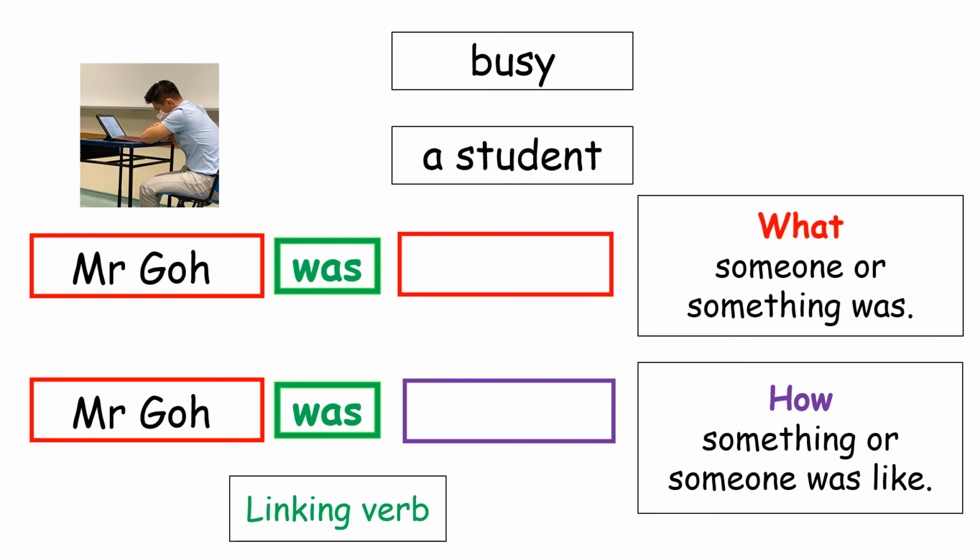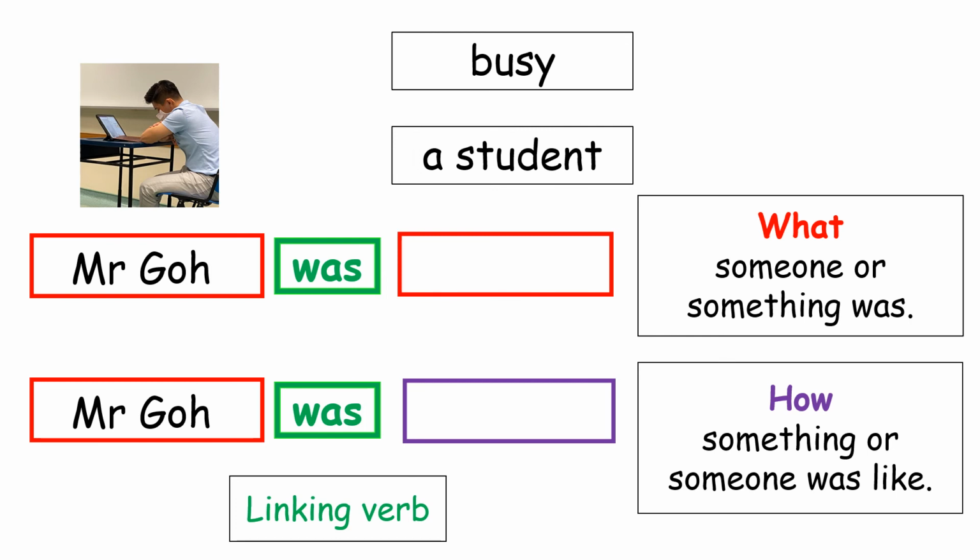So why don't you try filling in the blanks yourself? The keywords are busy, a student. So think about which keyword goes into which sentence. Let's look at the word a student. Does it go to what it is or was?